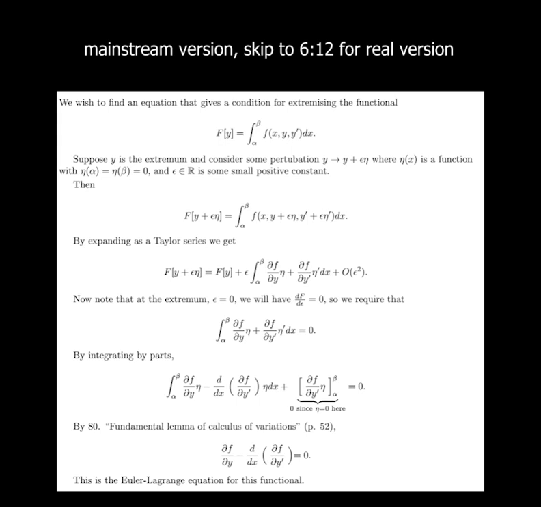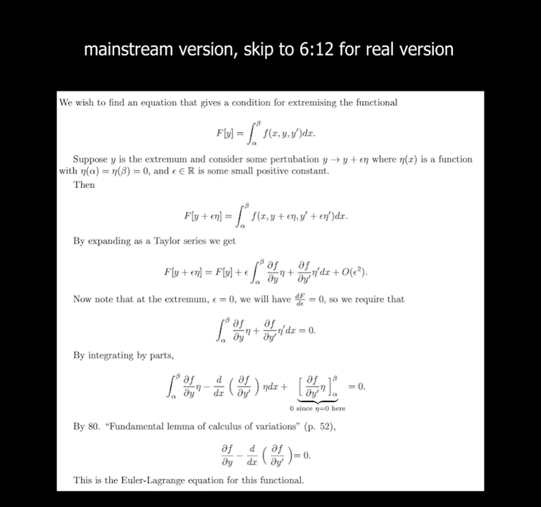Again, I apologize for that. We're going to make this recurse in a minute with the new calculus. Note at the extremum, we've got epsilon equals 0, because we're at the extremum, right? So we have dF over d epsilon equals 0. So therefore we will find that the integral from alpha to beta of df on dy eta plus df on dy prime eta prime dx is 0.